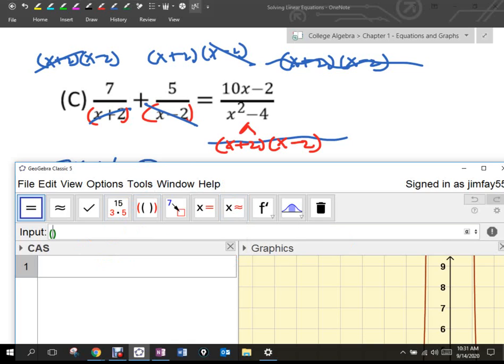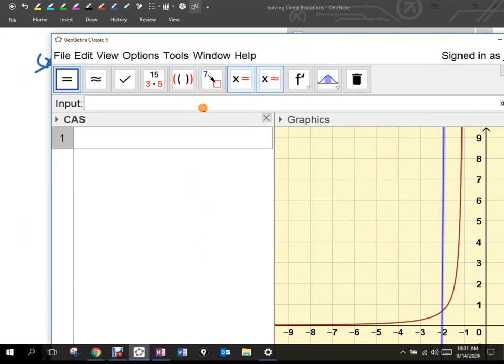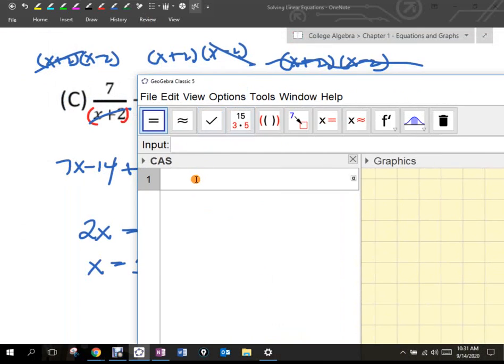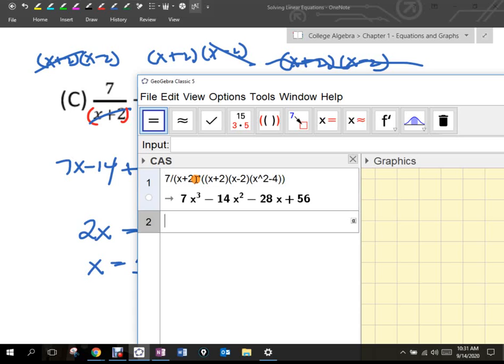If I took the 7 over x plus 2 and I multiplied it by x plus 2, x minus 2, and then x squared minus 4, and I want to copy that so I don't have to write it again. There we go. 7 divided by x plus 2. Okay, so it would give me that thing right here for that term.